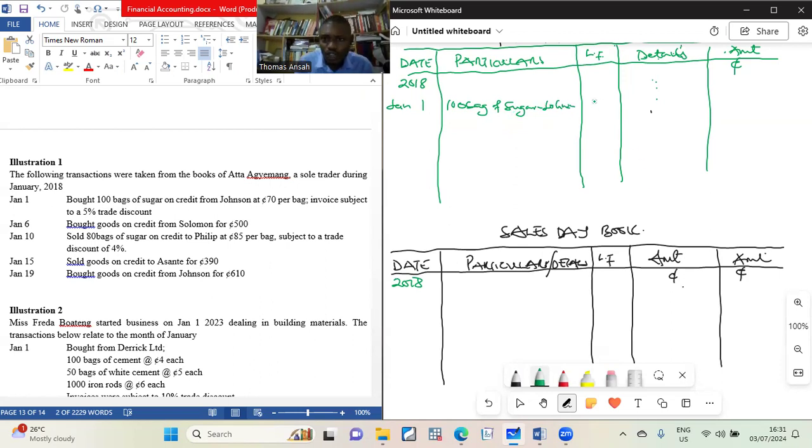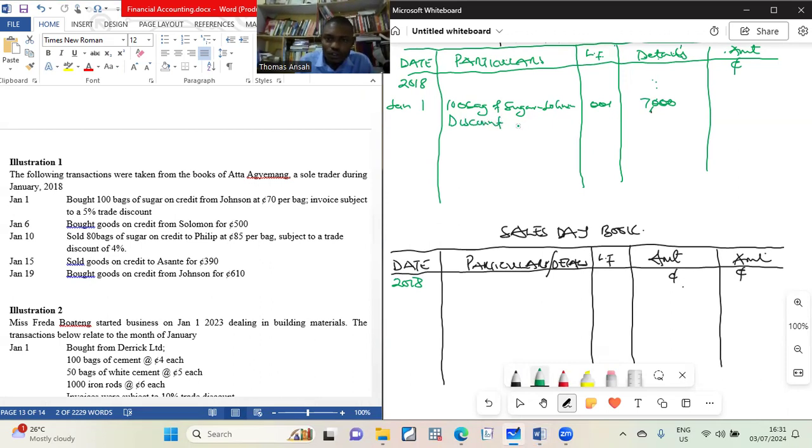The ledger folio, you can create one for yourself. You can say 001. Then the amount, what do we have? So you will do 70 cedis multiplied by 100. That gives you 7,000. Now, remember, this is subject to a trade discount. So you will do the discount.